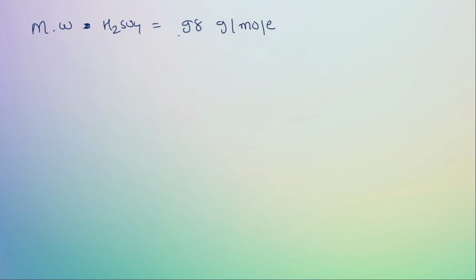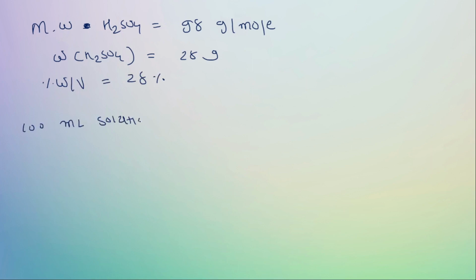So to find the molarity, we have to find all the related terms. We have given a solute H2SO4. So for solute, we will denote it as W. For H2SO4, W is equal to 28 gram. And we have given percentage weight by volume, it is equal to 28%. Means in 100 ml solution, 28 gram will be H2SO4.